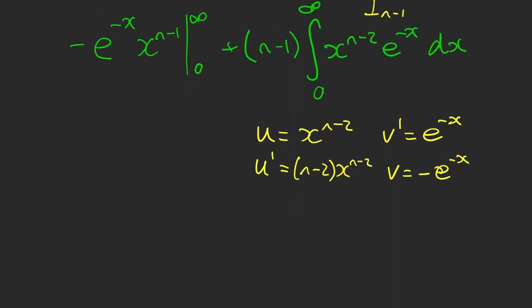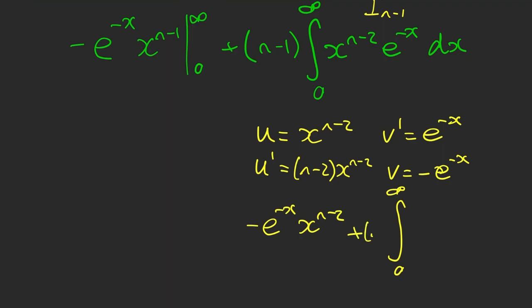So therefore we're going to have u times v minus the integral of v times du again. So we're going to have negative e to the negative x, x to the n minus 2, minus the integral from 0 to infinity of v times du dx.